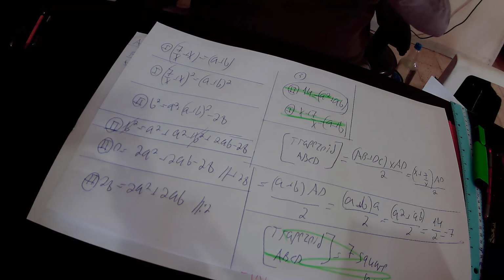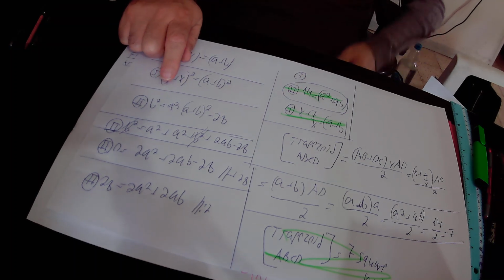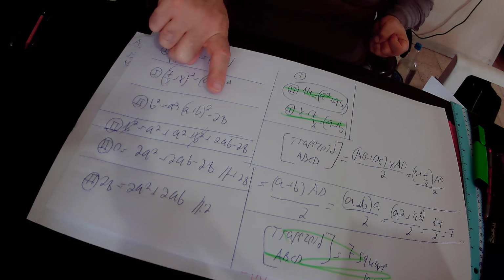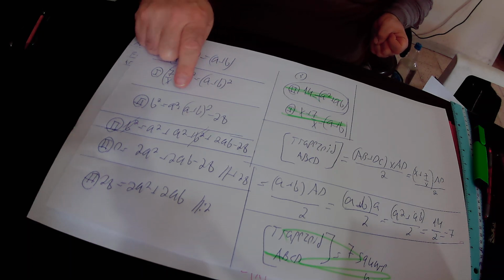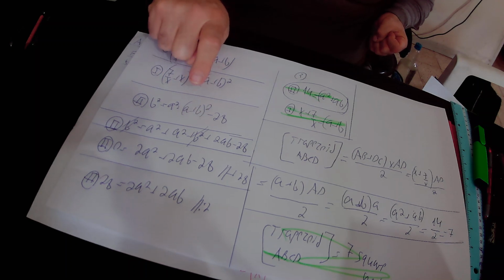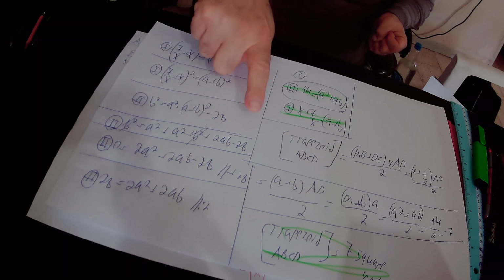Here we open the brackets of this expression, and found out that B square equals A square plus A square plus B square plus 2 times AB minus 28.